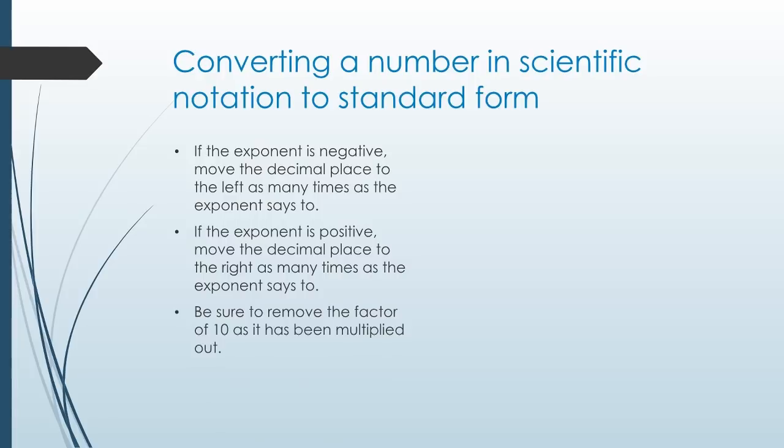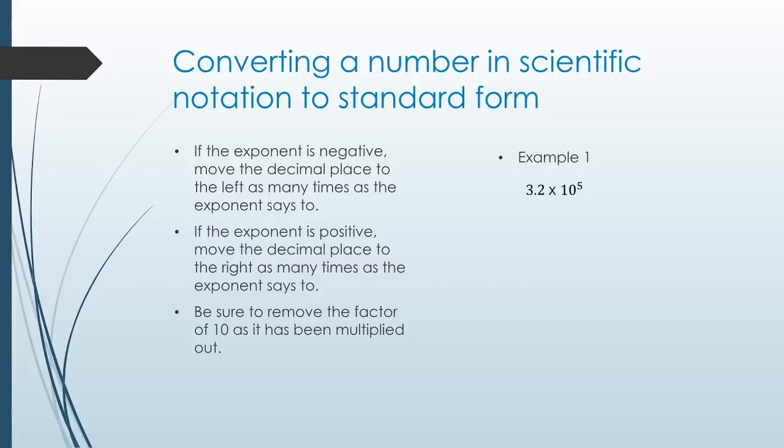So let's take a look here. And also one other thing, a lot of kids forget to get rid of the times 10. It's something that I see a lot when you're first working with these sorts of things. So make sure that you've multiplied this all out. The times 10 to the whatever is going to be gone. Okay.